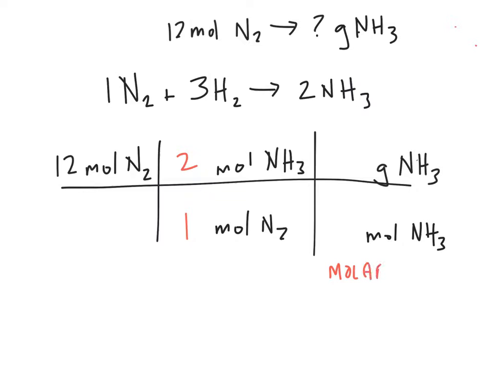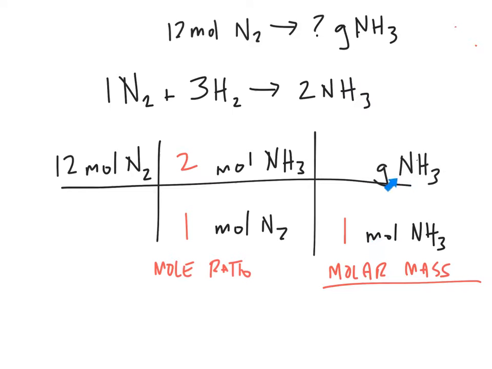So this is molar mass, and this is a mole ratio. So the only time you use the coefficients is when you have a mole ratio. The molar mass, even though I've got moles here, is how many grams are always in 1 mole. So this number is always going to be a 1. Anytime I've got moles on top and grams on the bottom, I'm always going to have 1 mole because it wants to know how many grams of ammonia are in 1 mole.